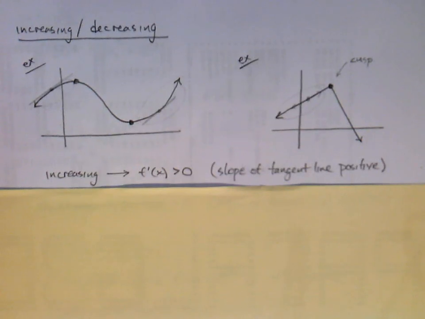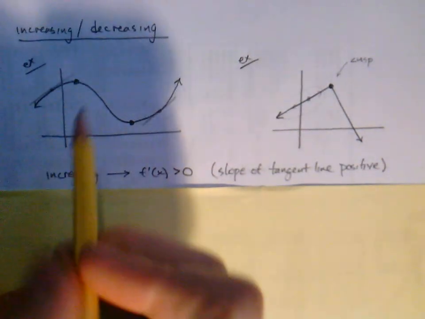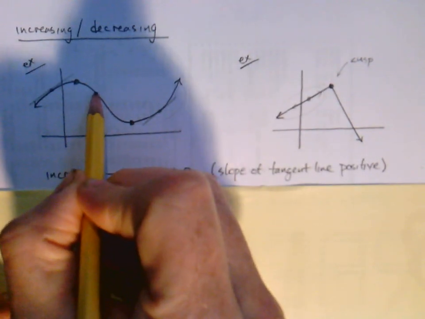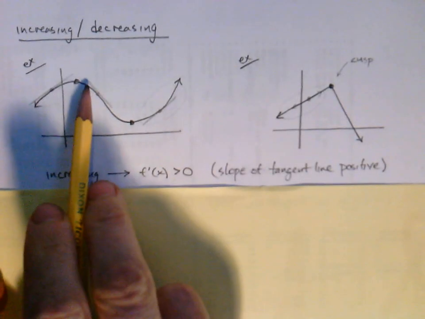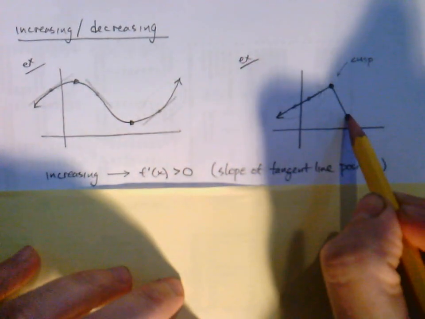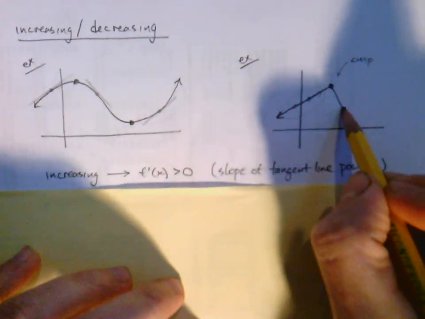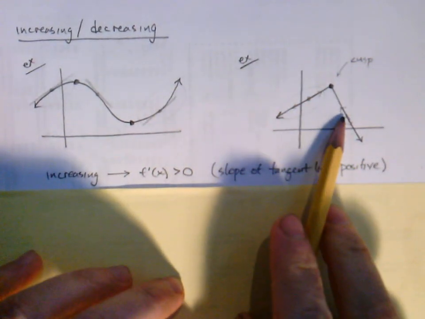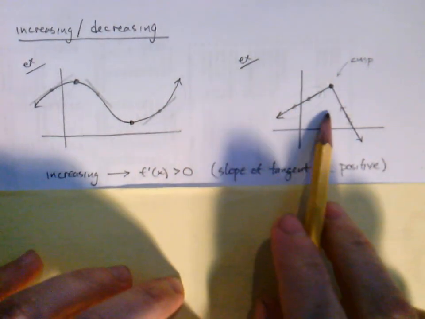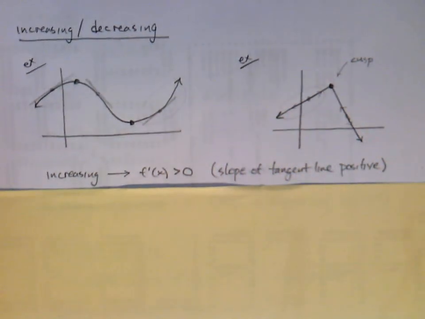Okay, how about decreasing? Well, you can probably take a guess, right? If you picked any point here in between where it's going down and you were to graph that tangent line, it is pointed downwards, the slope is negative. Same back over here, right? Any point over this way has a negative slope of its tangent line.